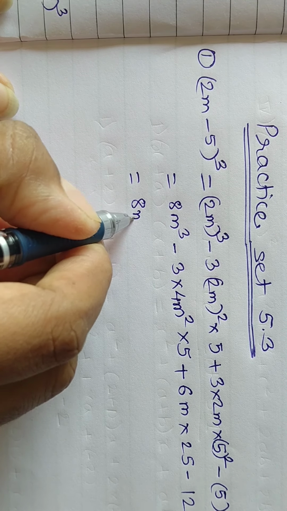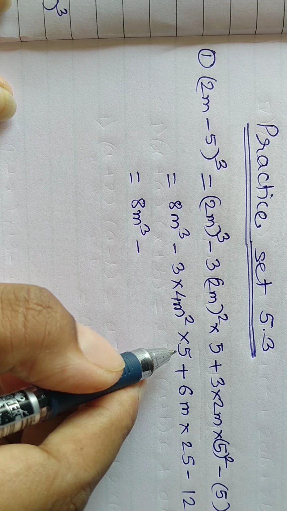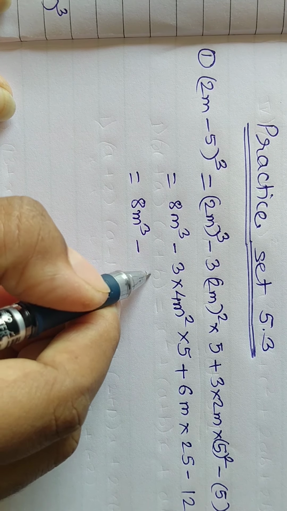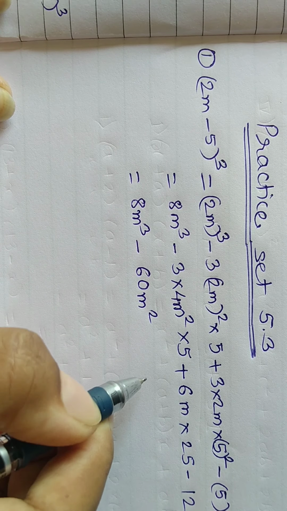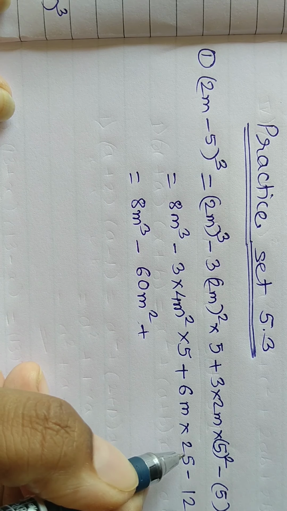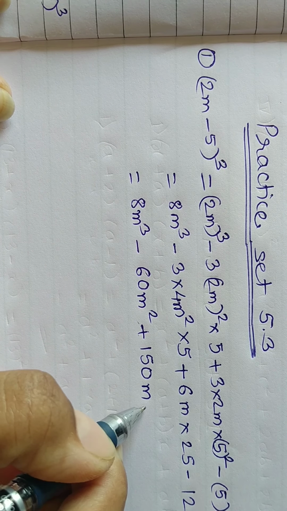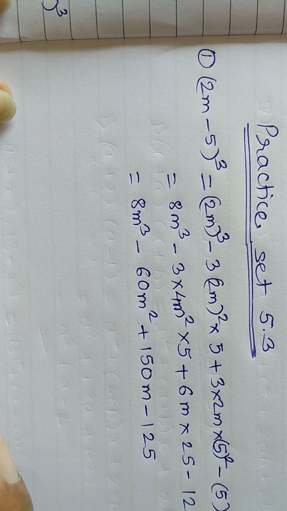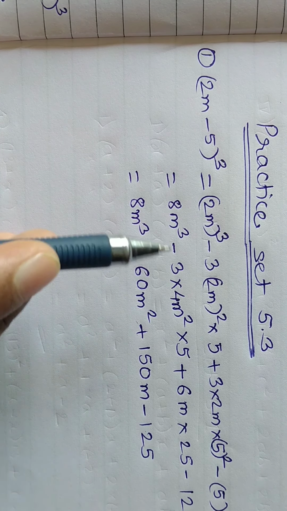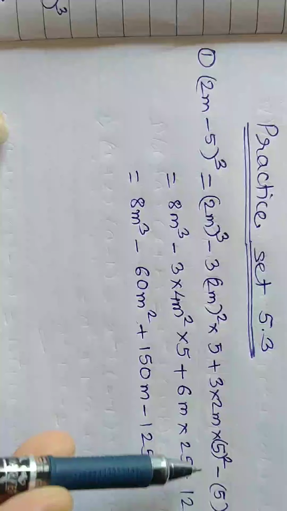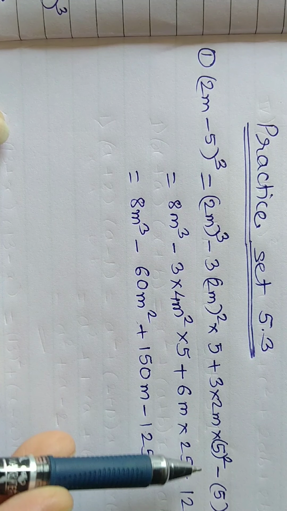Next, 8m cube minus 60m square plus 150m minus 125. This is also so easy. Just you have to see the signs. After first term minus sign is there, and before last term minus sign is there. Rest formula is same.